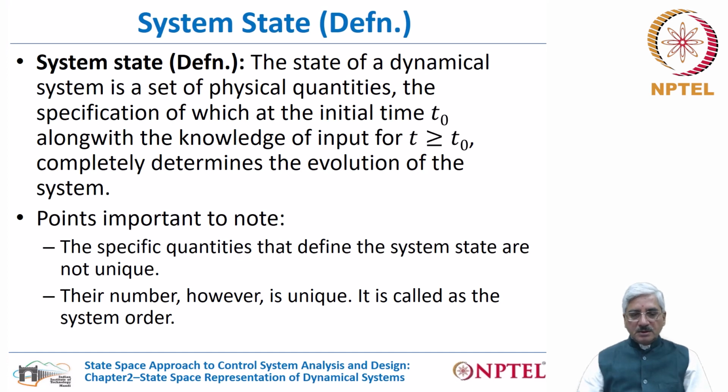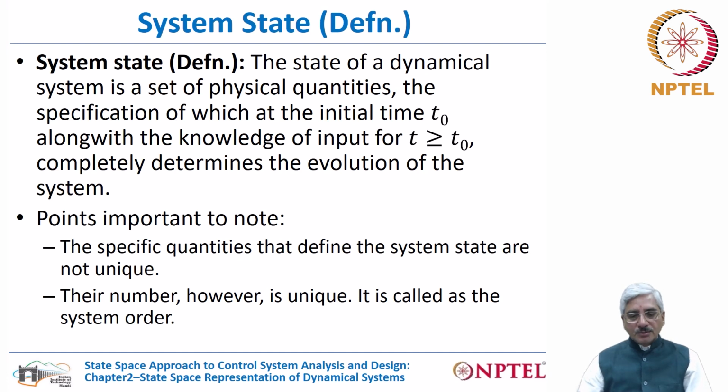Please take note, in the second line in this definition, instead of the set of physical quantities, we have said a set of physical quantities. Obviously, the definition implies that the set of physical quantities which can qualify as the state is not unique. There can be numerous choices possible.